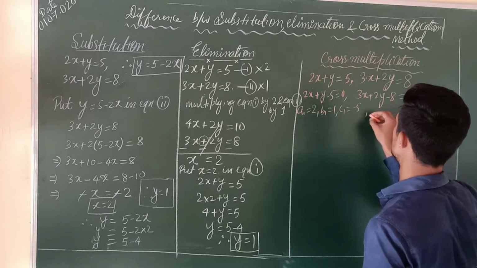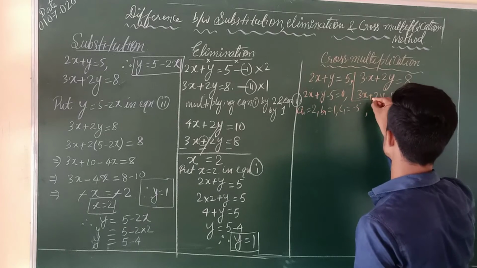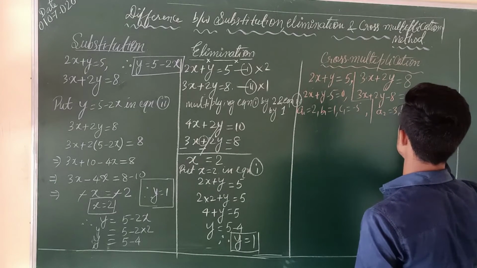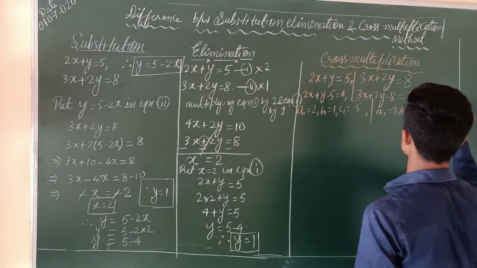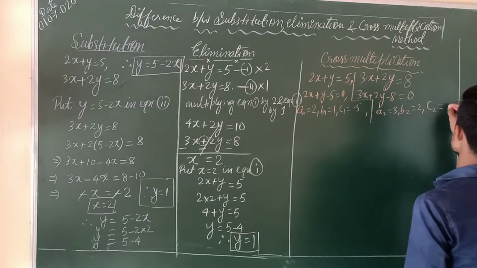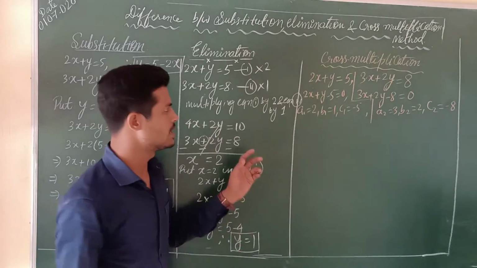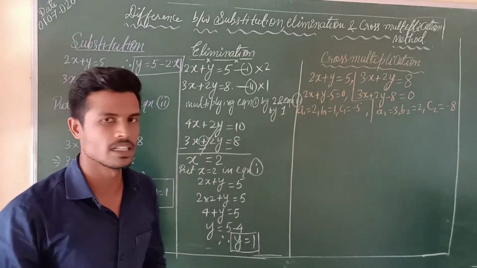From here we can say that a2 equals 3, b2 equals 2, and c2 equals minus 8. Now we'll write the formula for finding x, y, z. How to find it?